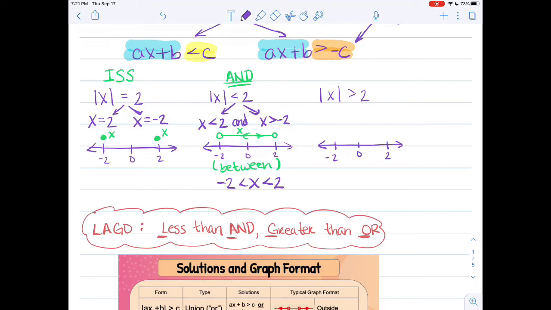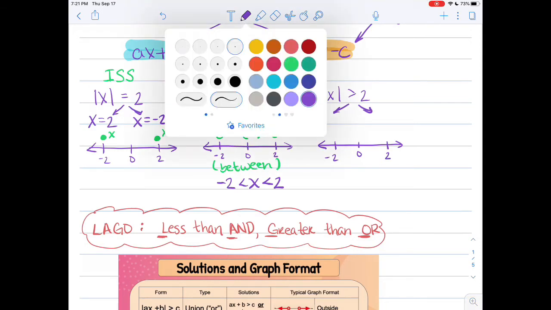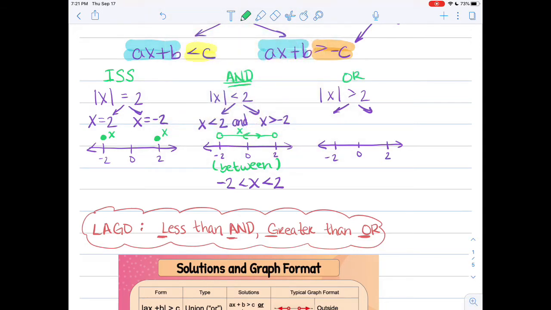Here is our other case, and we call this the OR case. And you'll see why in just a second. Whenever we split it into two pieces, we're going to have that x is greater than 2 or x is less than negative 2.